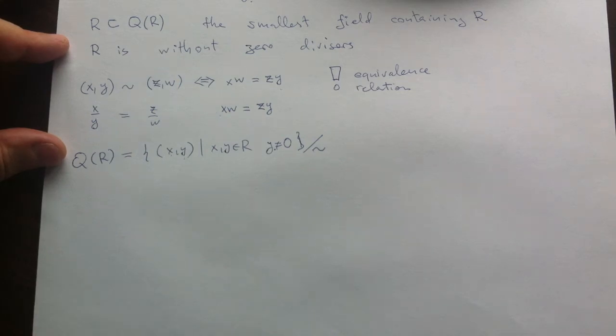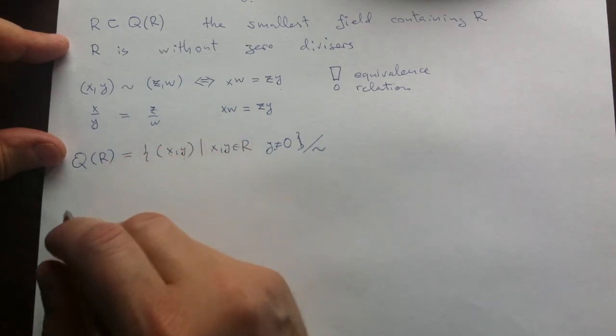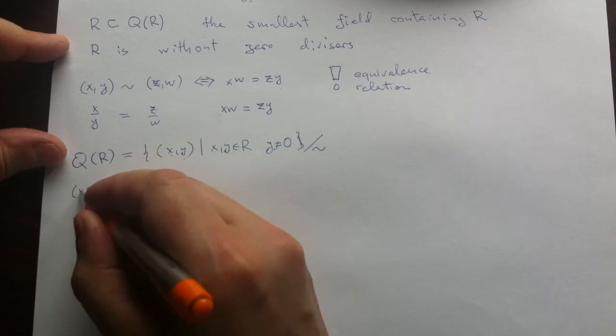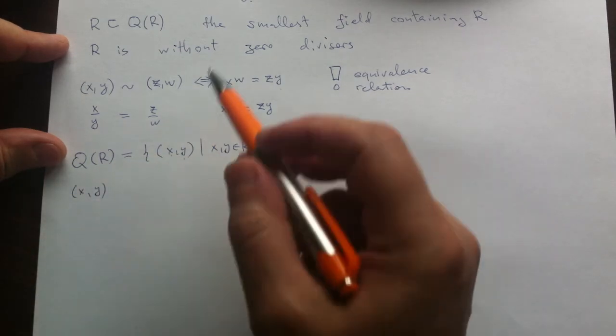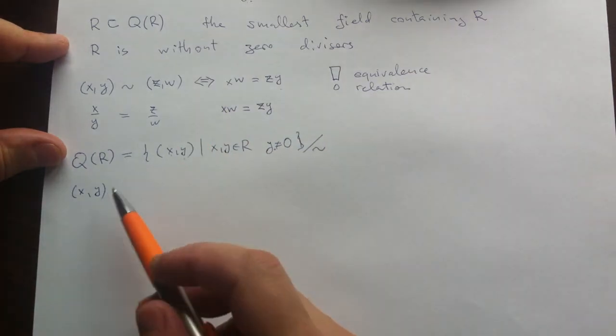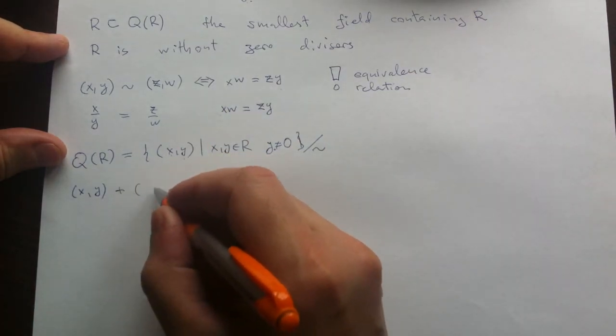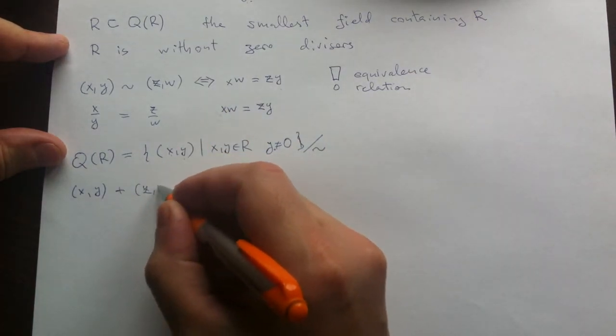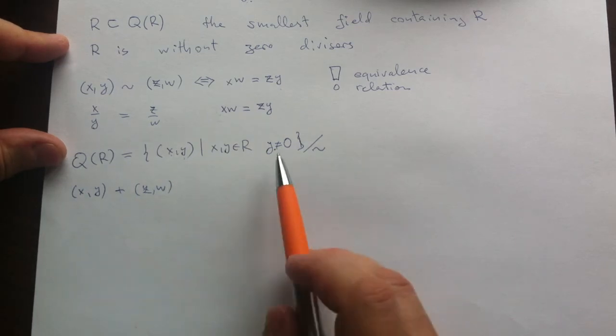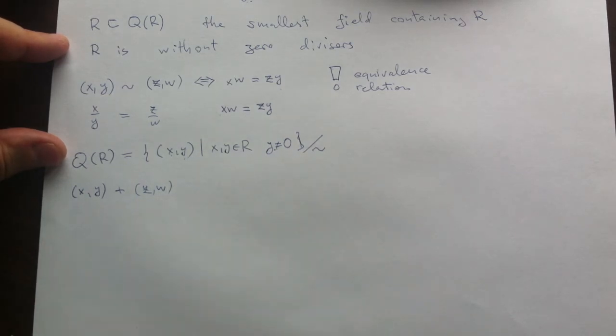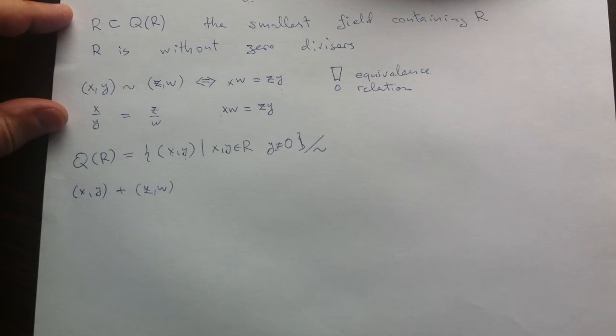So that is the definition of this extension as a set. Let's make it a ring. Let's define the addition and the multiplication on fractions, but written as pairs first. So we have two pairs. They're both with the condition that the denominators are non-zero, and then we want to add them.